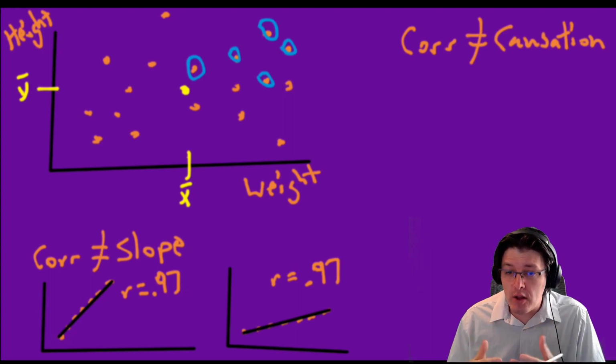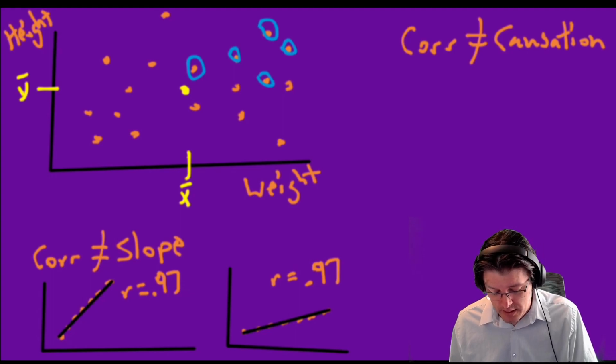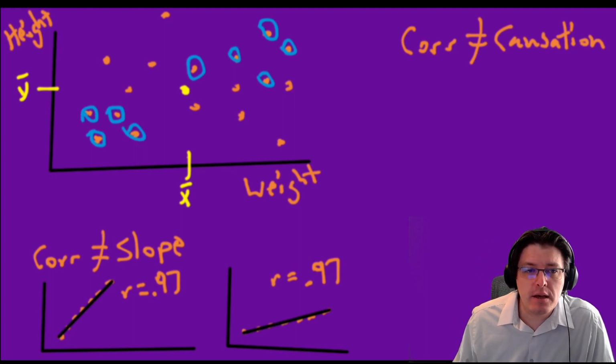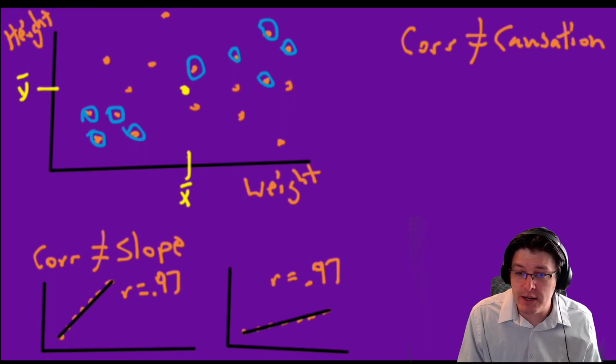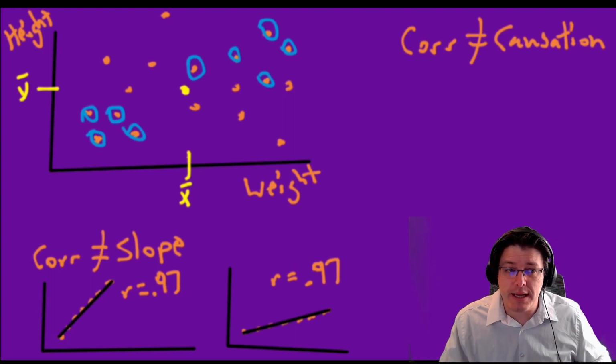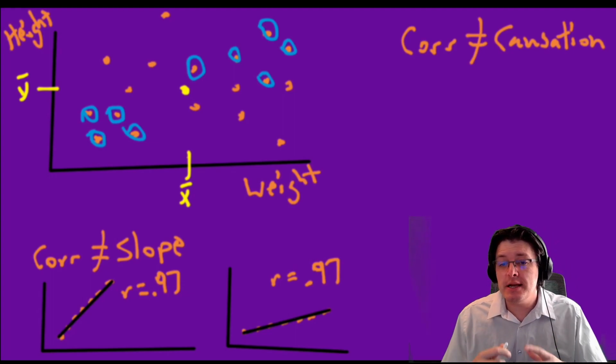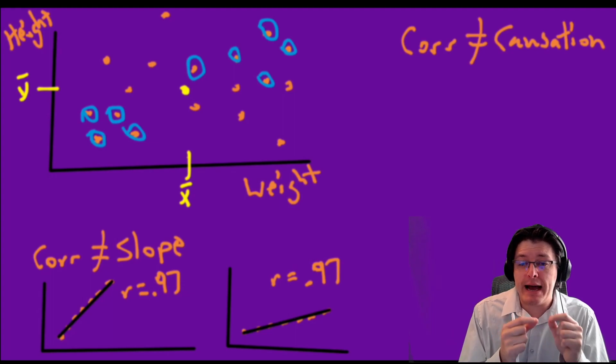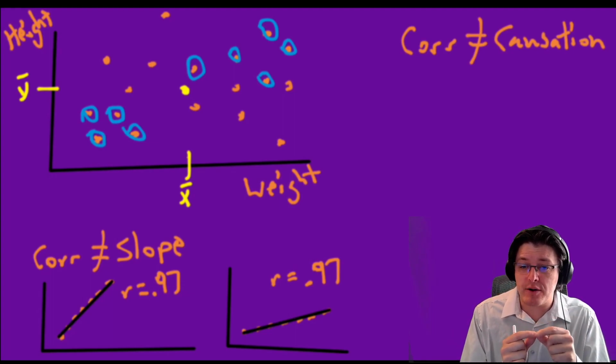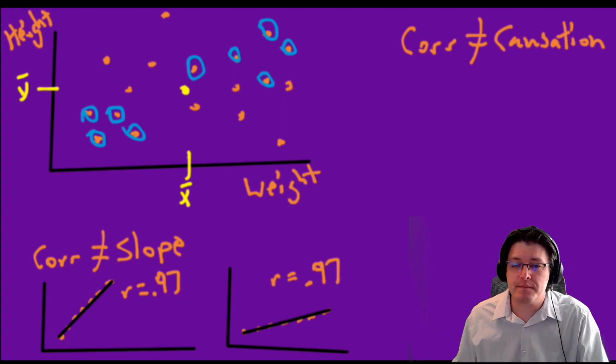Okay, it also is moving together if we are down here. Right, so in these cases, the person is below the mean in weight, but also below the mean in height. So in some sense, those observations have moved together relative to the mean. They've both dropped below the mean.